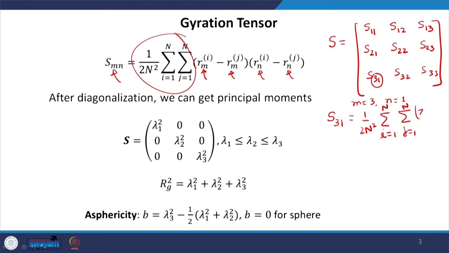So it will be z of i minus z of j multiplied with Rn, that is n equal to 1, the x component, multiplied with x of i minus x of j, essentially what we get. So this is by the way a product with that. This gives me the zx component of the matrix, or the 3-1 component of the matrix.